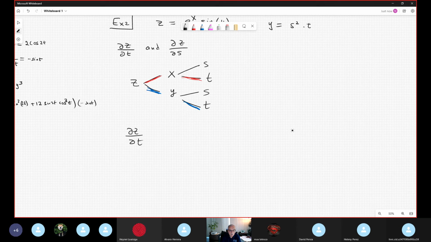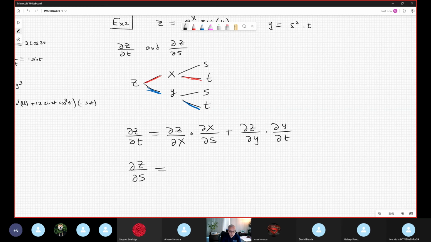So it is the partial derivative of z with respect to x times the partial derivative of x with respect to s, plus the partial derivative of z with respect to y times the partial derivative of y with respect to t. This is the formula for the partial derivative of z with respect to t. Okay, now the partial derivative of z with respect to s, similar, no?